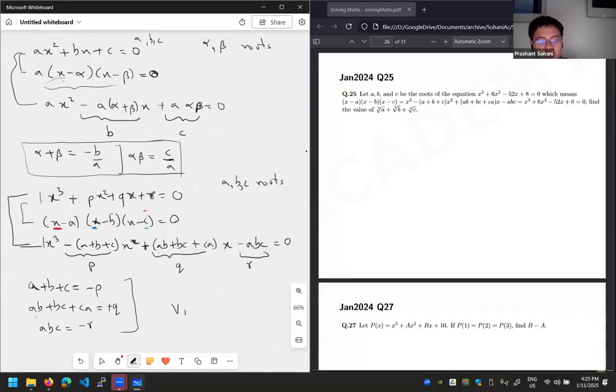If you are curious to read more about these properties, they are called Vieta's relations. If you Google the term Vieta's relations, you will get the technical proof for any nth degree polynomial, and what the general pattern is. But for our purposes, it's enough to just know up to the square and the cubic polynomial.